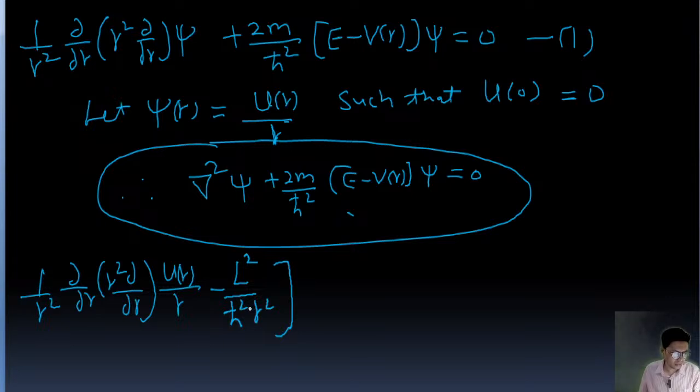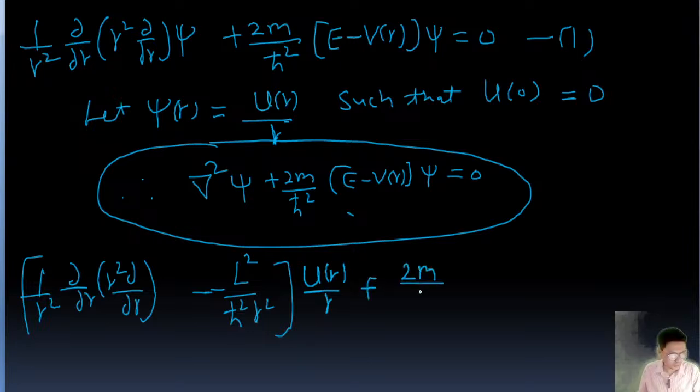So this value is going to be this term, and then plus 2m upon h cut square (E minus V) psi, which is a function of r, equal to 0.